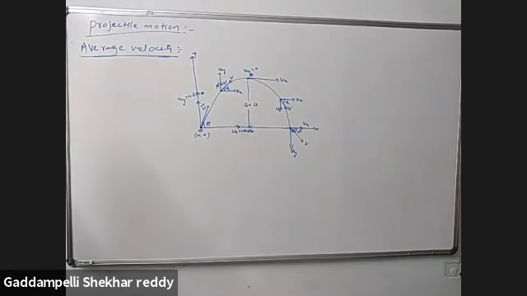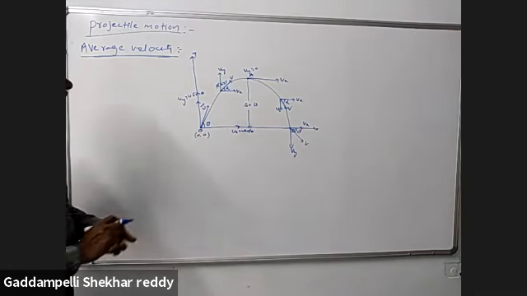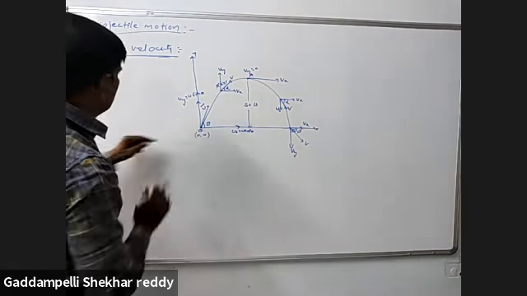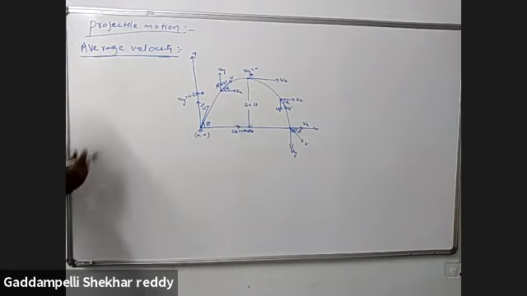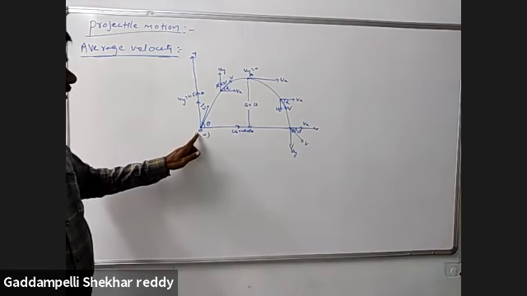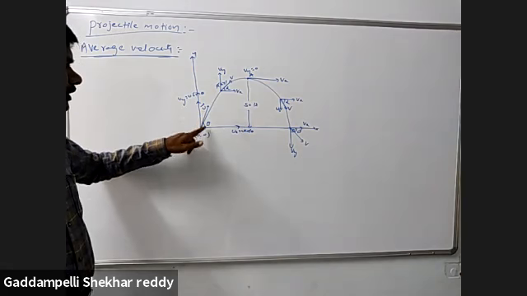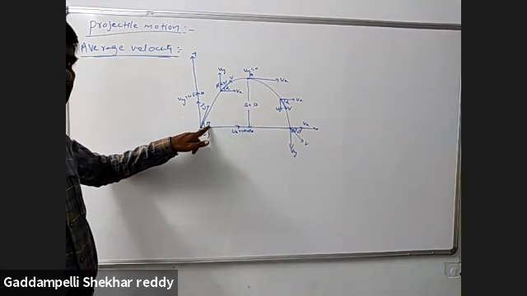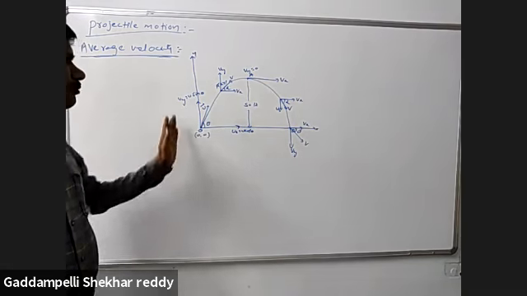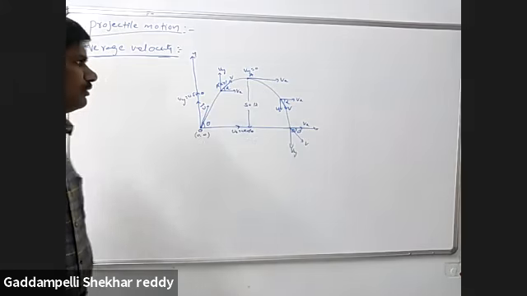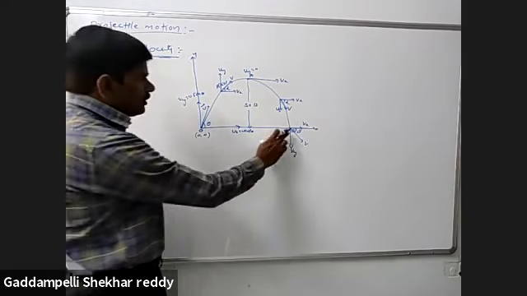So, considering the position vector at the point of projection, once again consider a body of mass m projected with initial velocity u making an angle theta with the horizontal. The body travels along this direction and finally reaches the ground.